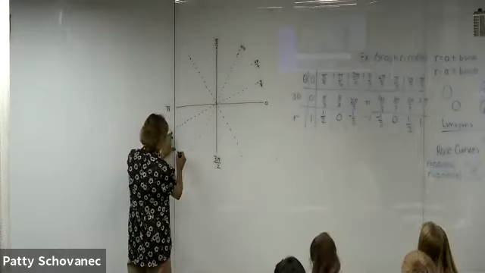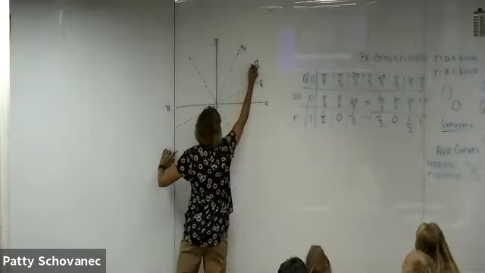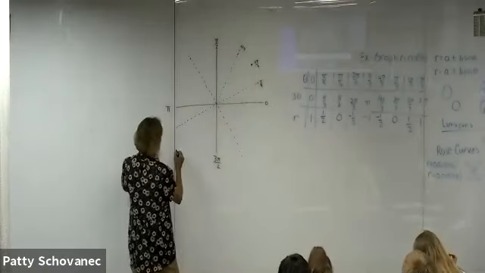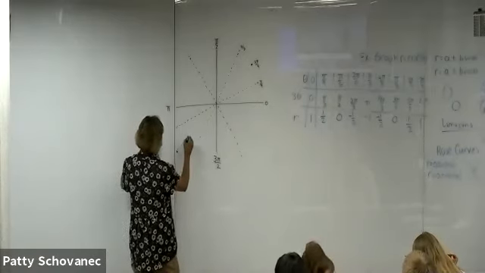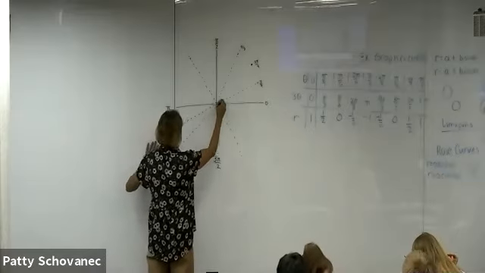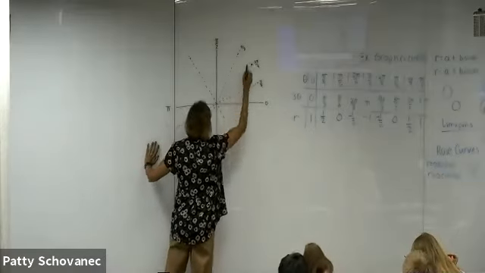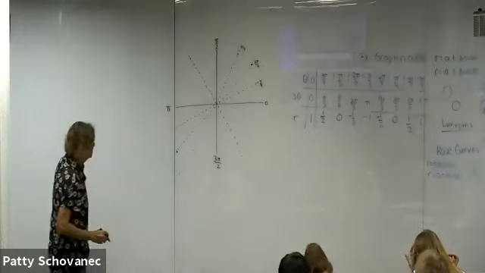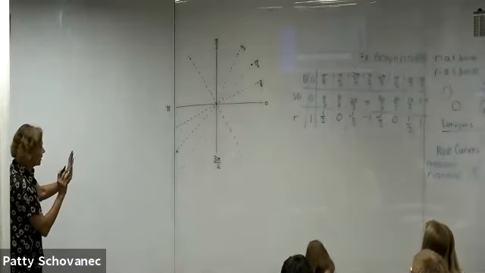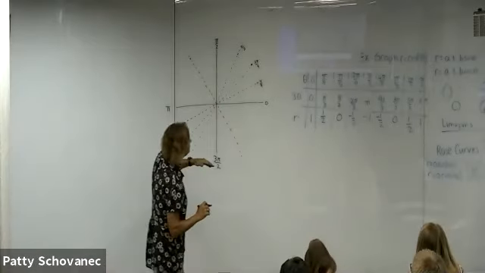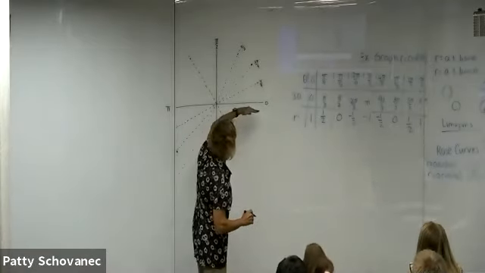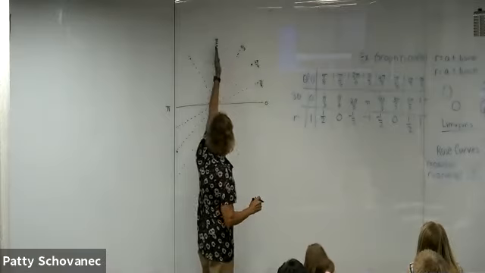So I'm going to connect this dot to that dot. That's where I hope I can fake the rest. So that's 1 9th, 2 9ths, 3 9ths, 4 9ths.